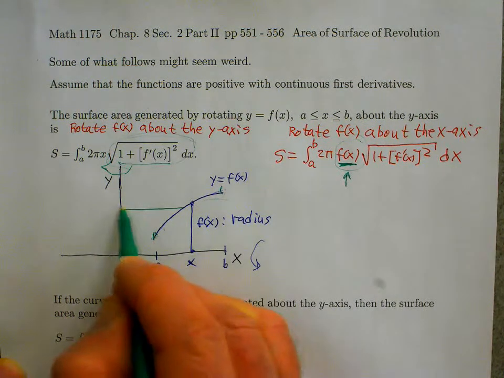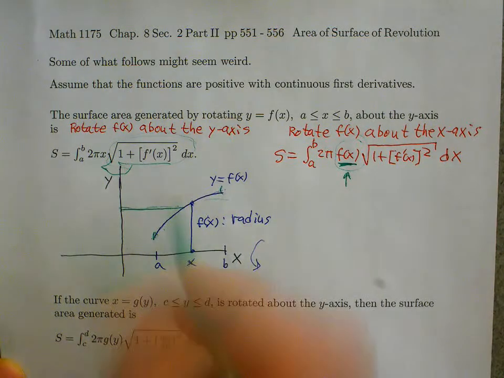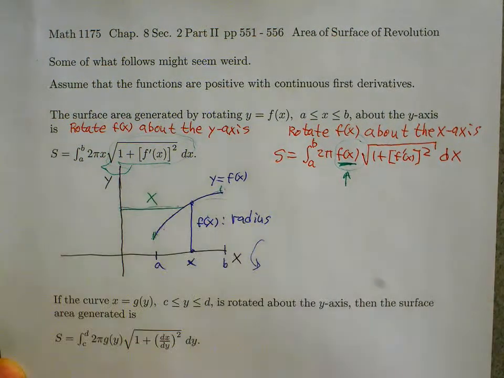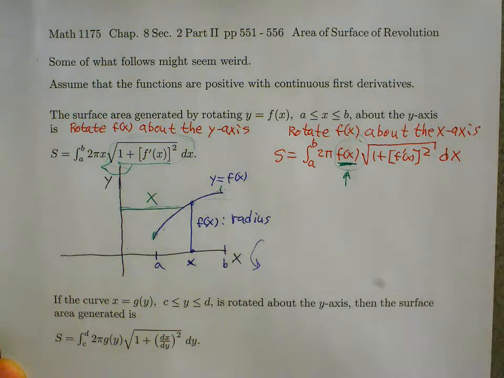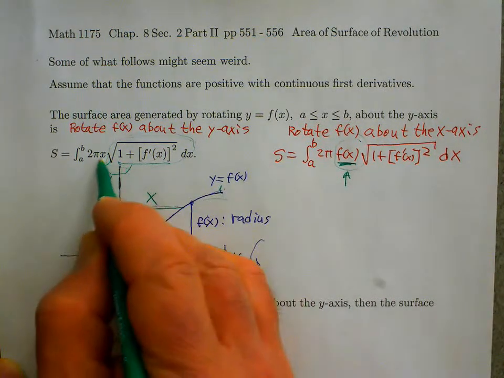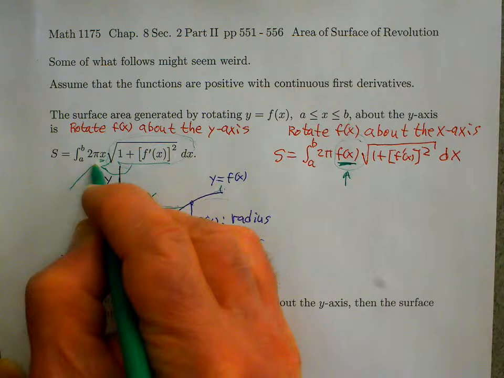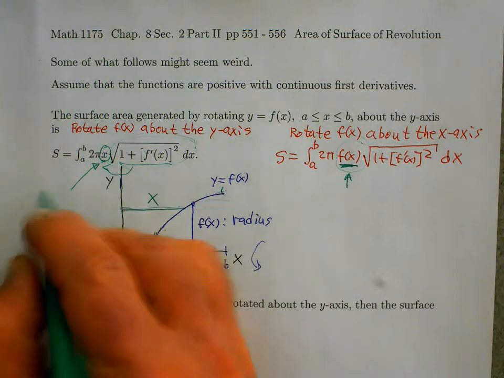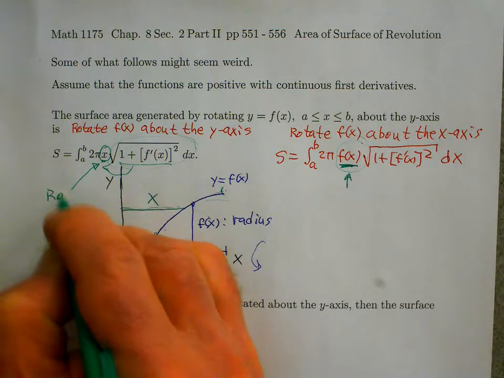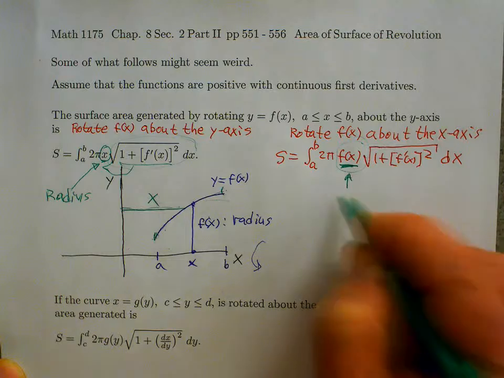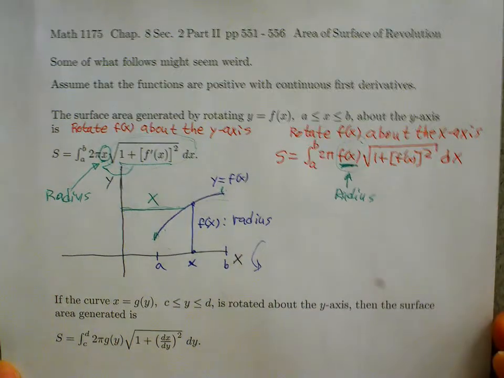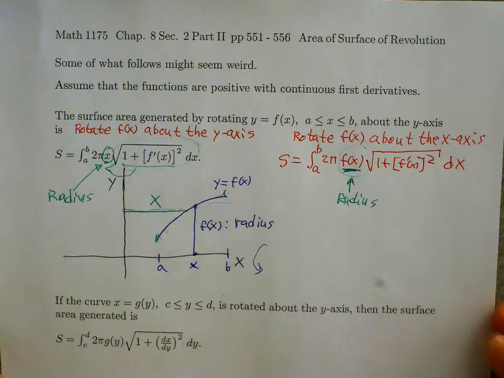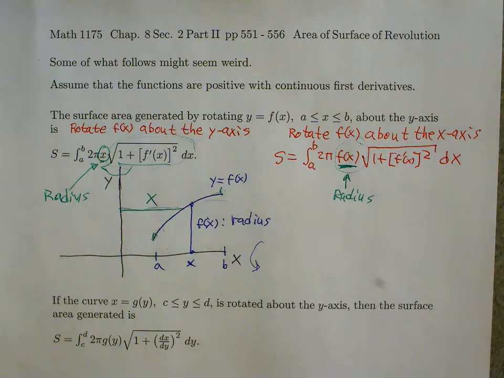And so a radius of a cross-section of that revolution are x values between a and b. See what I mean? So that's where this x comes from. This x represents a radius, just like f of x does when we rotate f of x about the x-axis. Okay, so it does make sense.